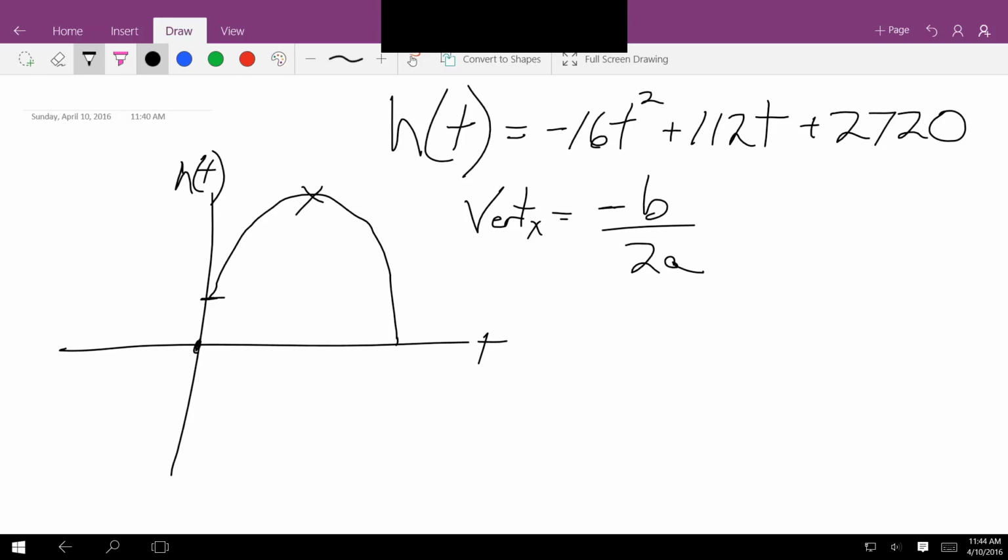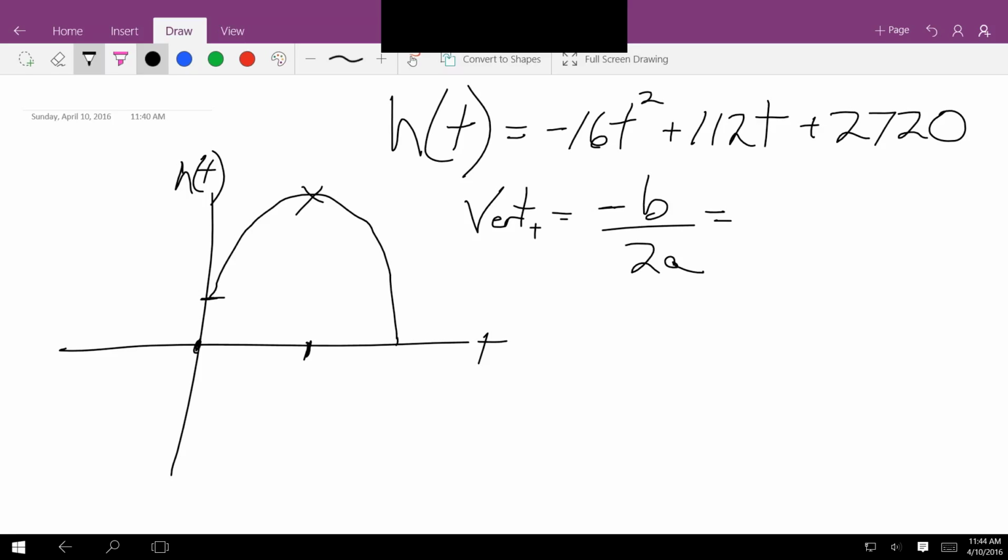Remember, this gives you the x or the t coordinate. In fact, to be precise, that's t there. What is it in this case? That's not too tough of a calculation.